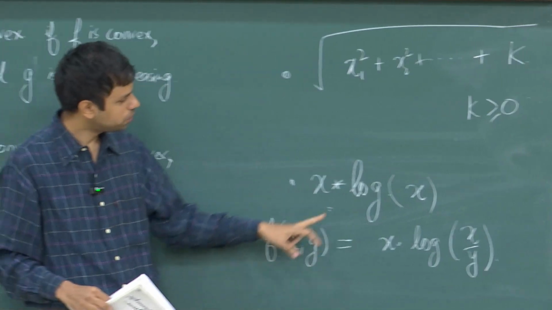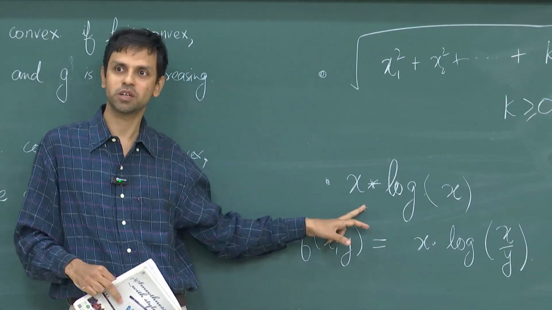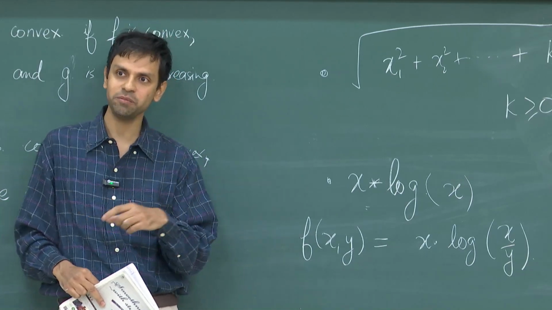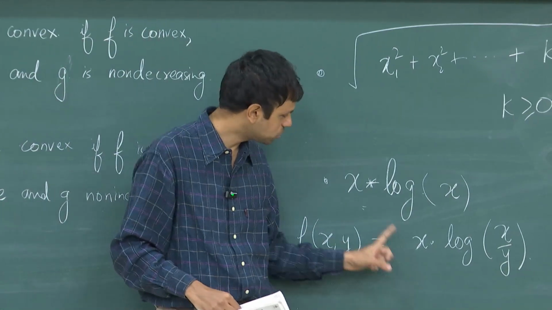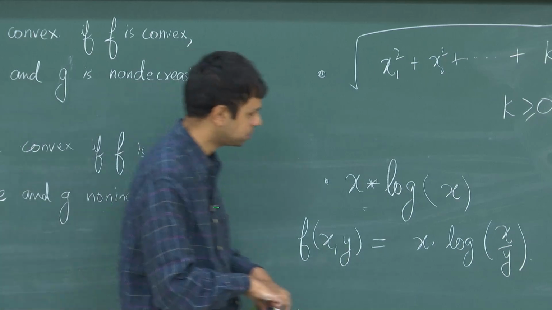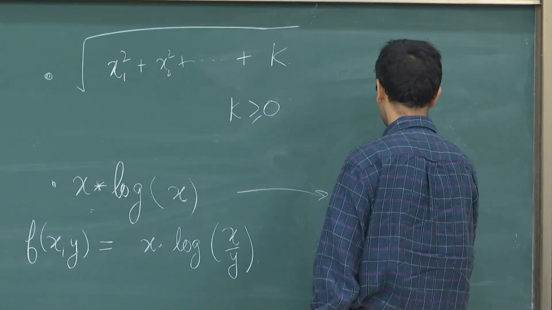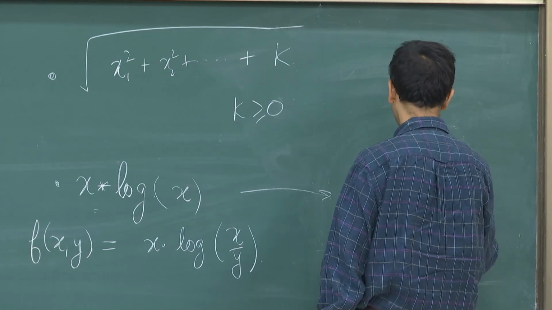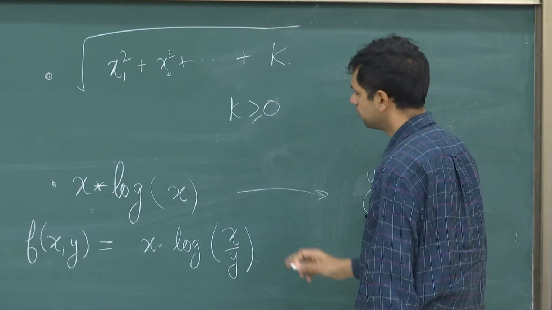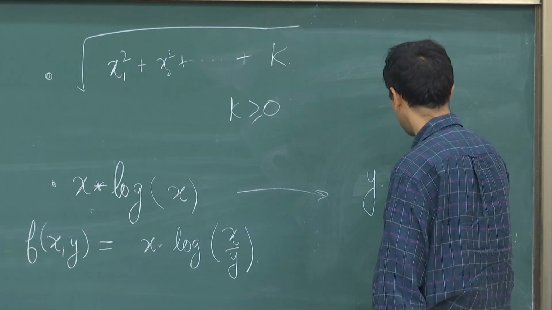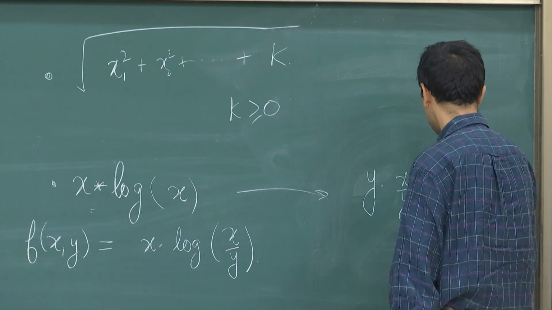So this is actually a perspective of this. Okay, so remember that perspective means y times f of x upon y. So the outside y actually gets cancelled. Okay, so what is the perspective of this function? It is y times f of x upon y, which is x upon y times log of x upon y.